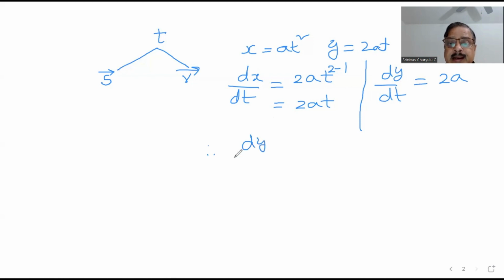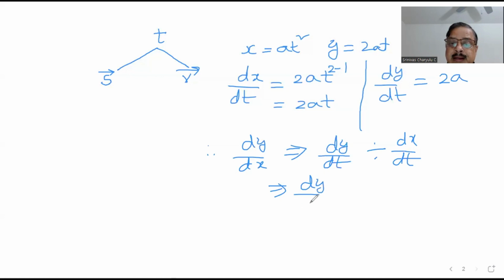Now I want to find out dy by dx. Ultimately, the aim is dy by dx. So now you know dx by dt, you know dy by dt. If you divide dy by dt with dx by dt, what will you get? Dy by dt, this divided by sign, can you convert it like this and take the reciprocal?